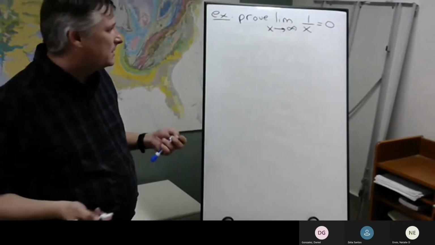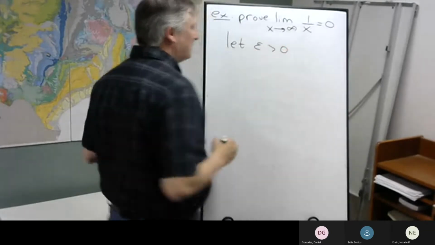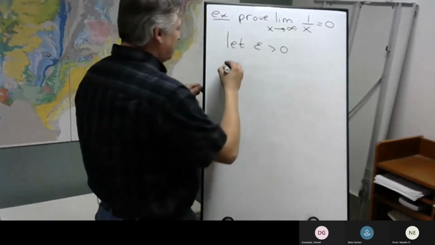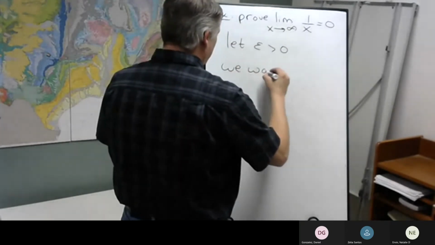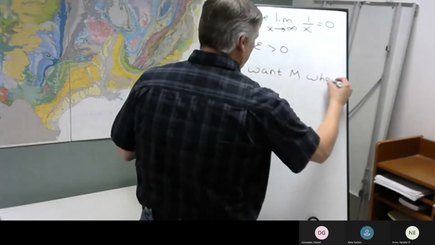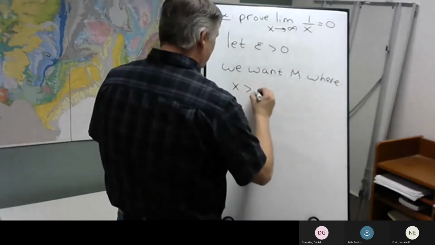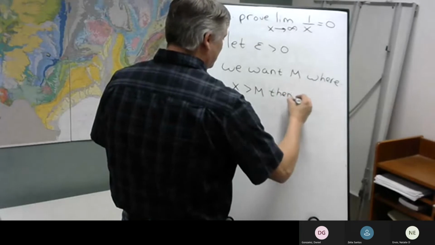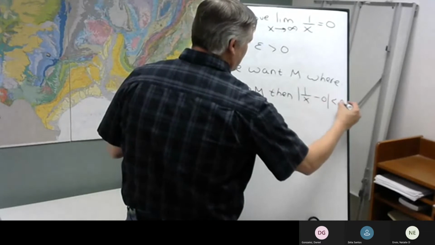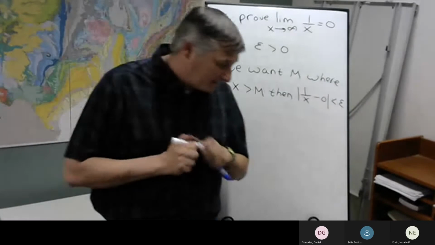So first thing we've got to do is get epsilon greater than 0. Now, we want an m. We're looking for an m where x is greater than m means the distance between 1 over x and 0 is less than epsilon. Now, this is just what we're setting up. We haven't proved anything. We're just stating it.